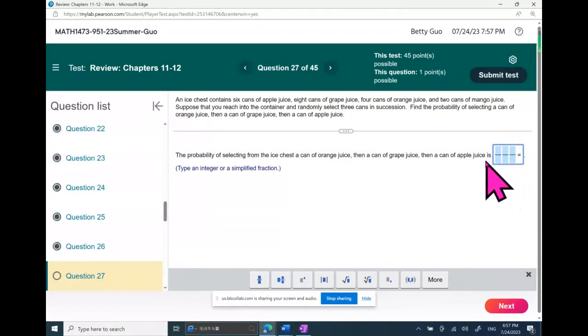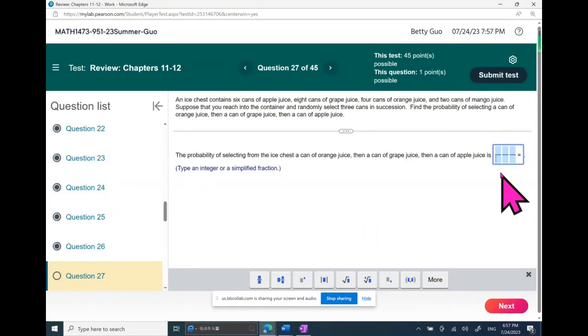And the first probability, the first time you get an orange juice. So how many cans in total? You're going to write those numbers on your scratch paper. You have 6 apple, 8 grape, 4 orange, 2 mango.